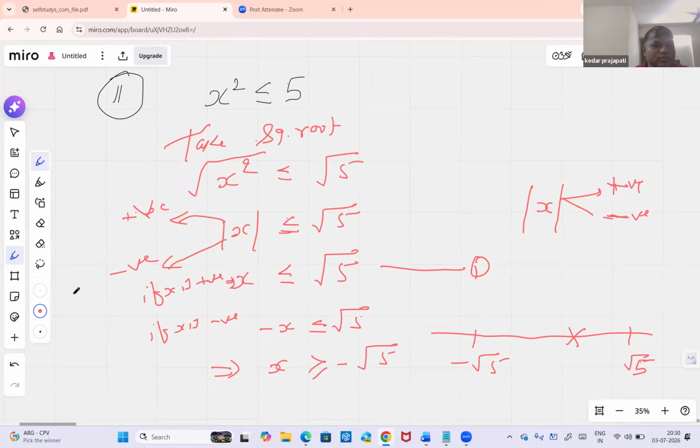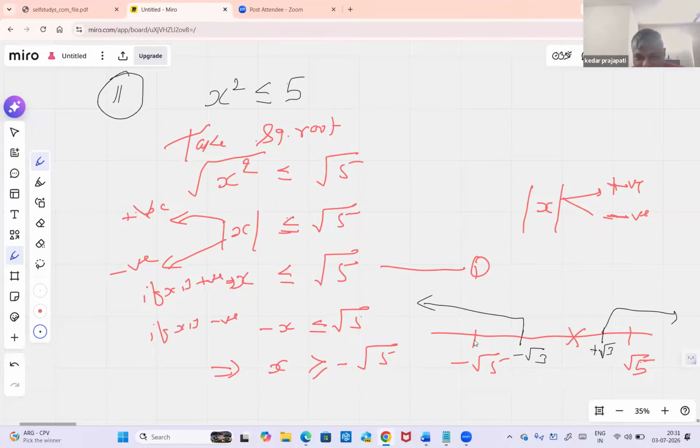And the previous one, x was, now I will draw, minus 3 and plus root 3. So now x is between, see, x was away from here and away from here, correct?